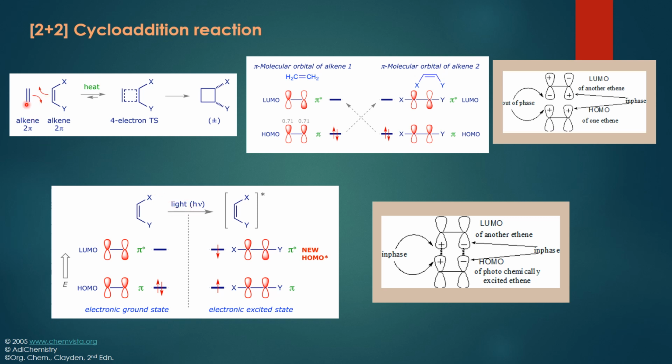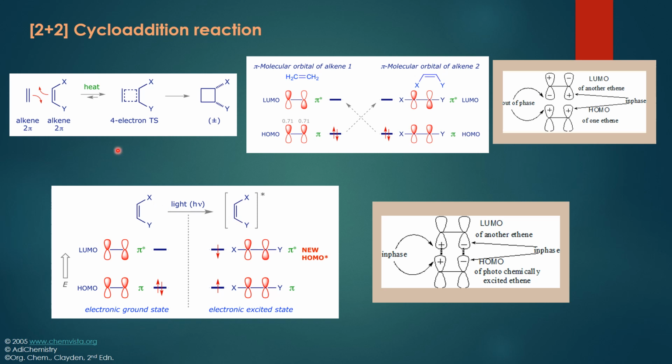We have two pi component systems. From these two components, one of the components, the substituted component, gets excited under photochemical condition. It undergoes excitation.